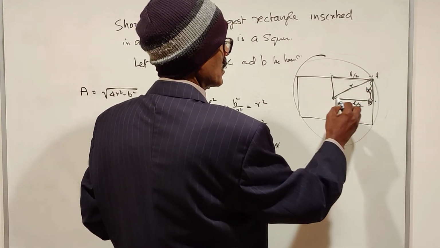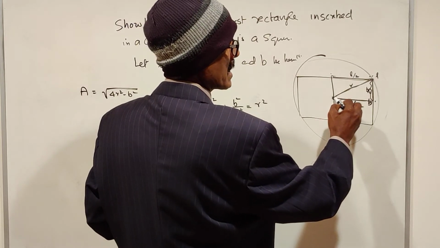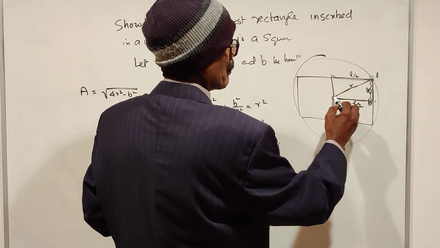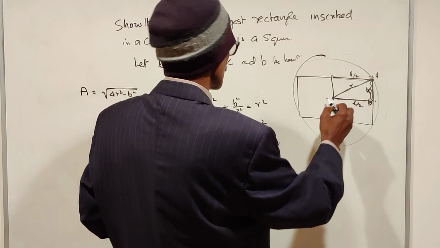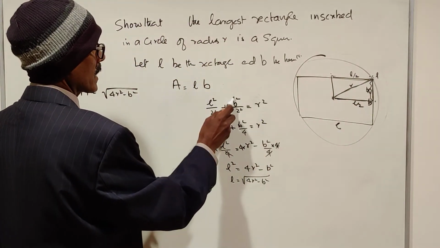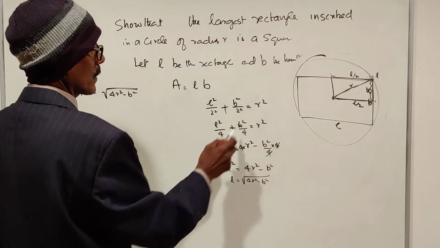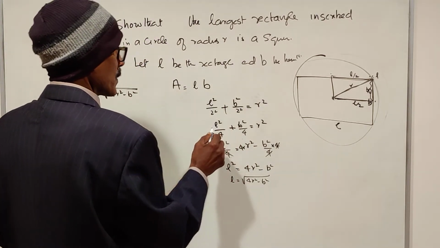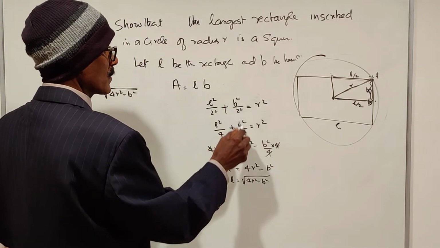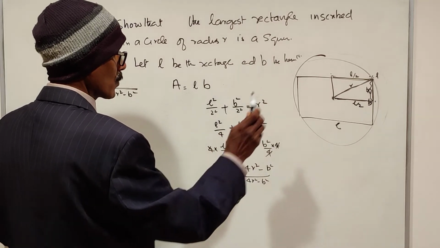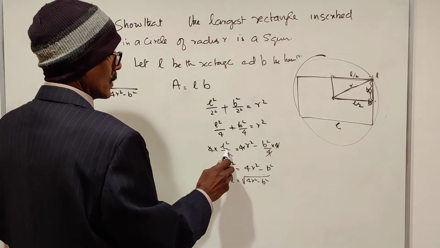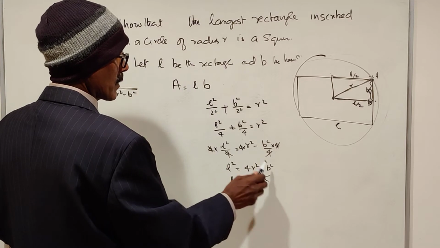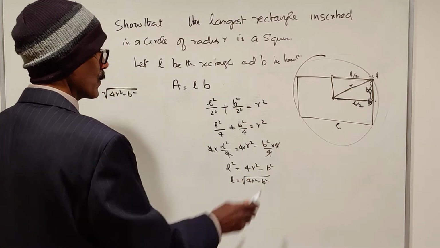From the right angle triangle, base square plus height square is equal to hypotenuse square. That is the Pythagoras theorem. So L square by 4 plus B square by 4 equals R square. Multiplying throughout by 4, you get L square is equal to 4R square minus B square. L is equal to square root of 4R square minus B square.